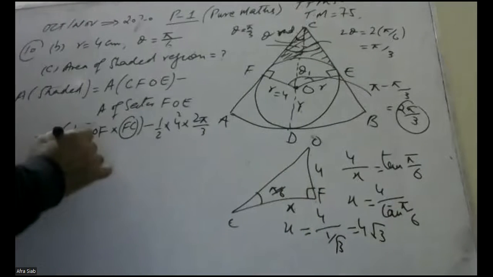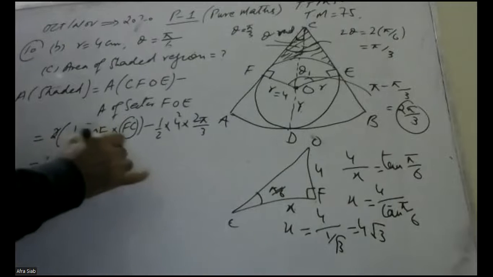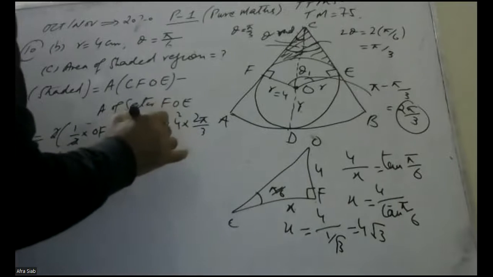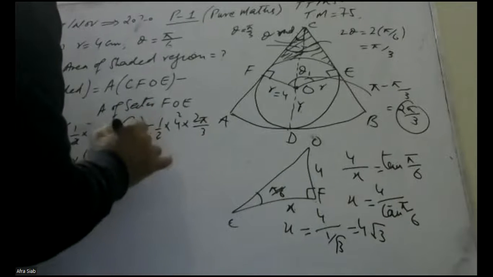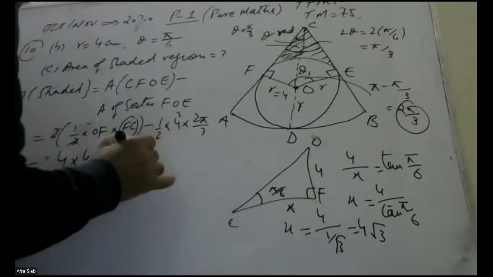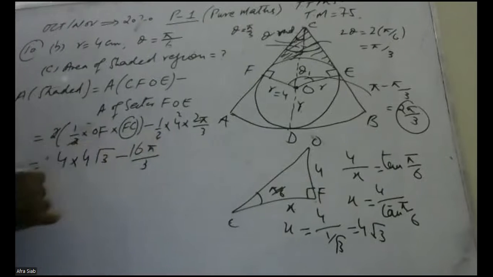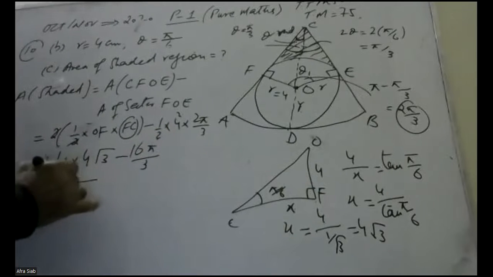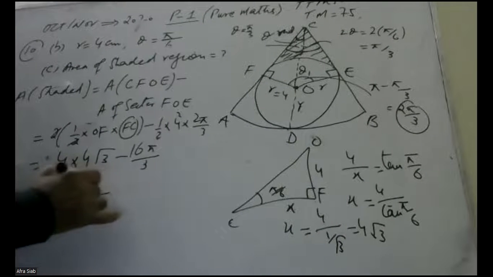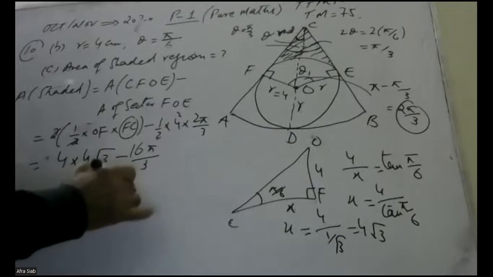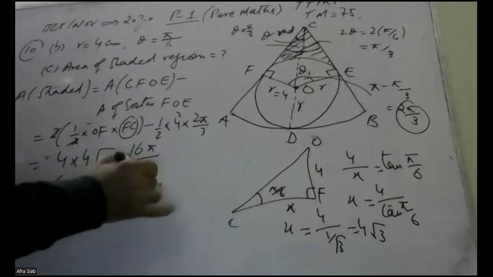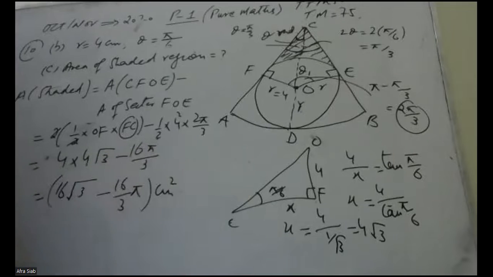So this 4 root 3, 16 over 2, 8 2s are 16, pi over 3. That is 16 root 3 minus 16 pi over 3 centimeter square. Is it the area of the shaded region in the sector of this CAB there?